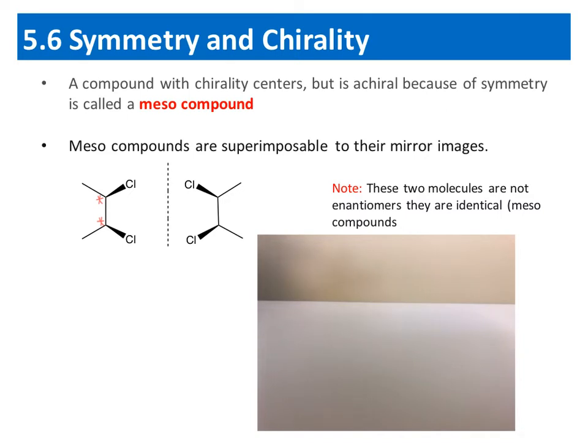Now if you look at this molecule, one half of the molecule is exactly the same as the other half, meaning that there is a plane of symmetry passing through the molecule. So this compound is a meso compound.